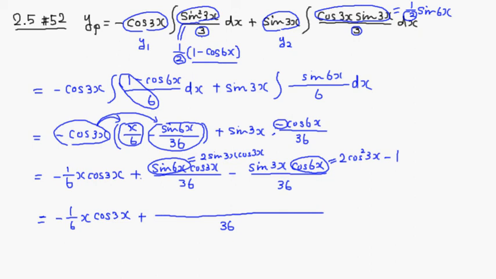You're going to have 2 times sine of 3x cosine squared of 3x, then minus 2 times sine of 3x cosine squared of 3x, and since it's negative, negative, it's plus just a sine of 3x.